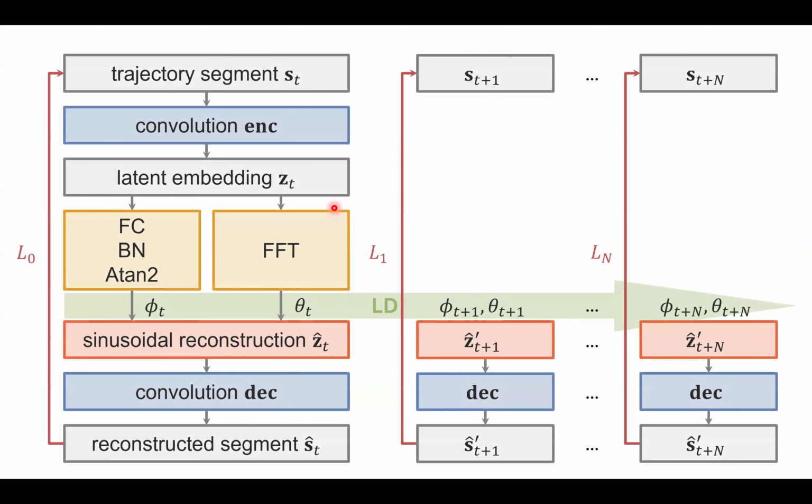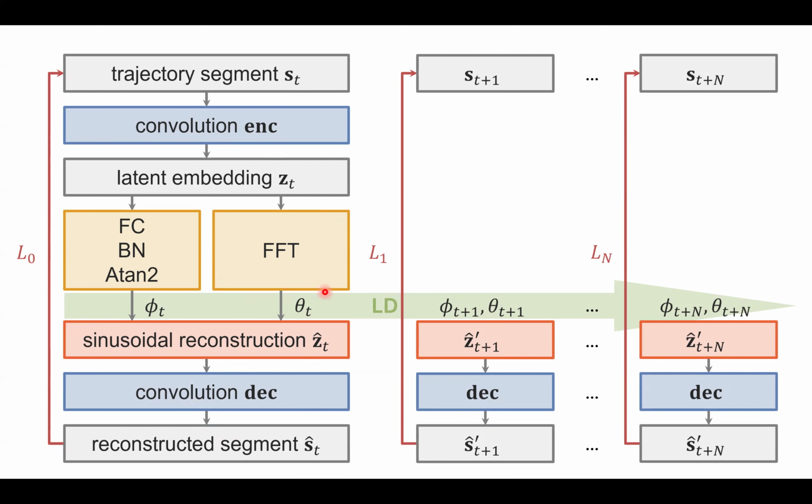So what we propose, the new thing, is: given this nice structure of our motions, can we enforce this invariance in the latent parameterization space in the training of the periodic autoencoder? On the left side, this is exactly the same as before. We reconstruct the reference, the original motion, and calculate reconstruction loss L0.